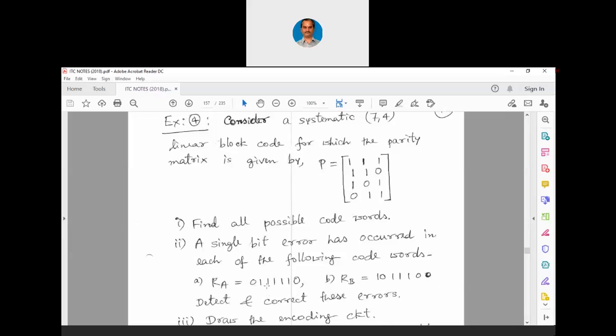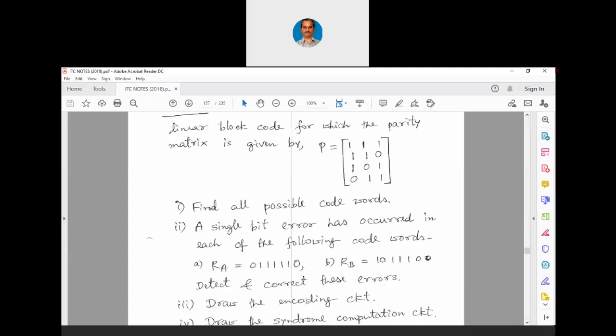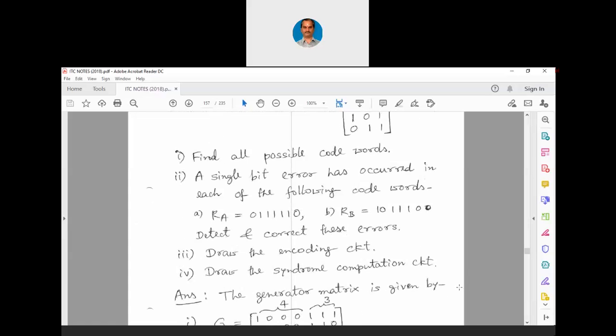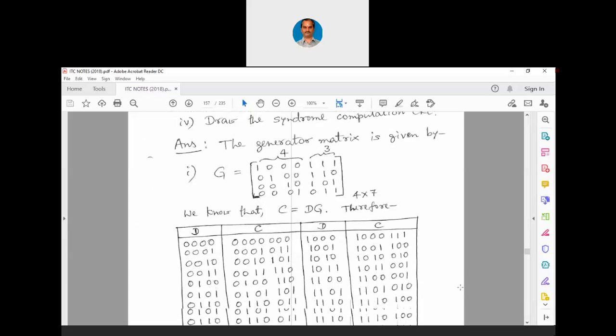First one is 01111110 and RB is 1011100. This is the received code word. At the destination, we have to detect and correct the errors now. Now he also asks us to draw the encoding circuit and the syndrome computation circuit. Let us find the answer now.